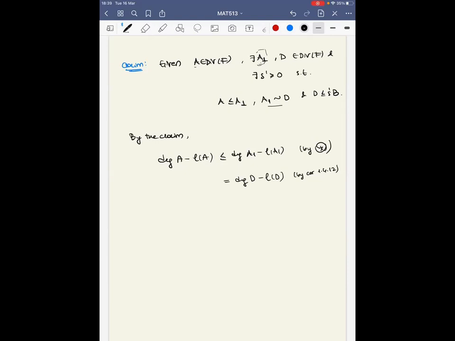And if such a divisor satisfies this inequality, again by star, we know that the degree of D minus L of D is less than or equal to the degree of S prime P and the dimension of S prime D.